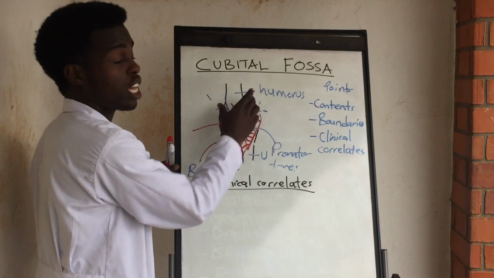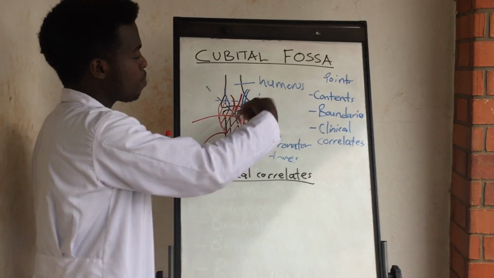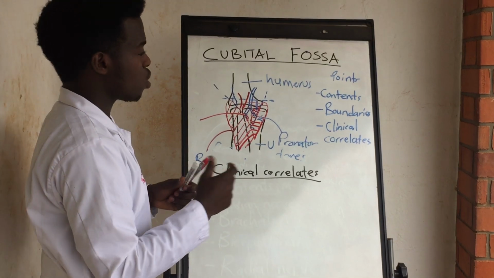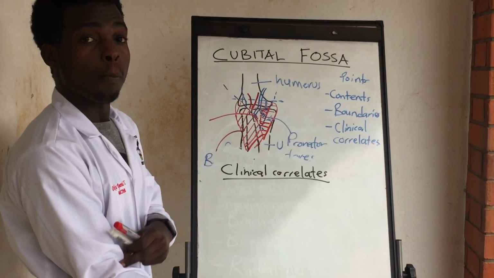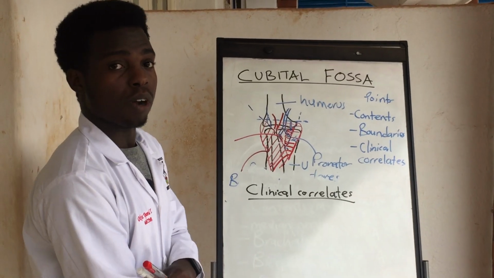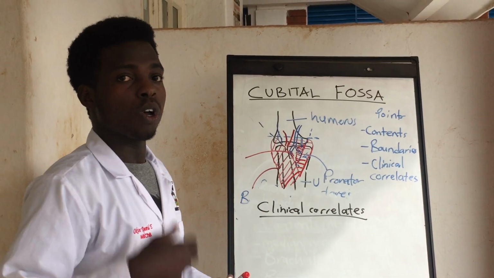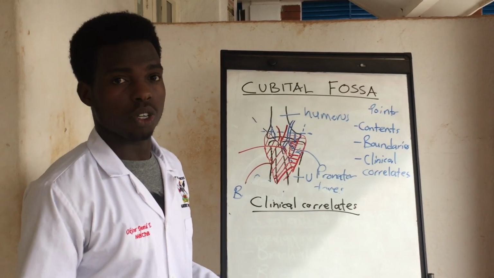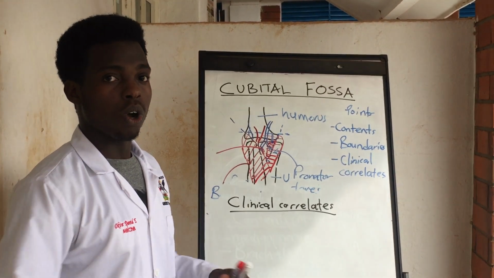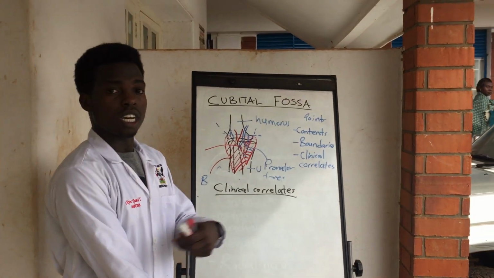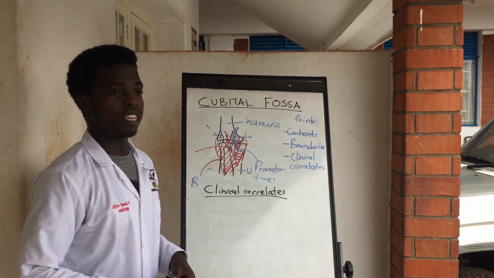So that important vein is going to act as a point for venipuncture. In venipuncture, you can use that aspect to carry out intravenous injections. You've seen that among your colleagues. So you can use that point to inject drugs or for intravenous injections.